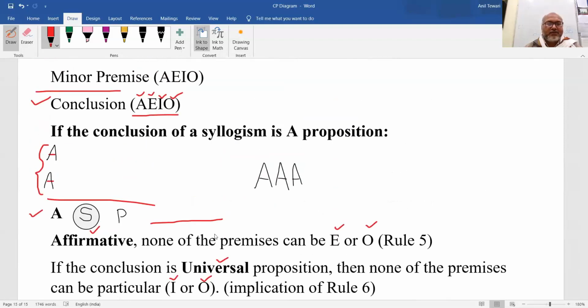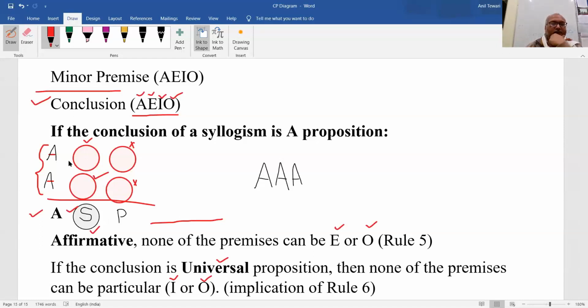Now let us go back to the situation here. If we have a circle like this, so these are the locations of your terms. Okay, जो भी आप लिखेंगे ये location है उनका. And you know that A can distribute only here. Similarly, this A can distribute only here. Here it cannot distribute. And you are looking for 2 distribution, one of the minor term and the other for middle term.